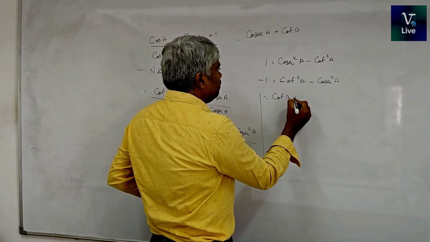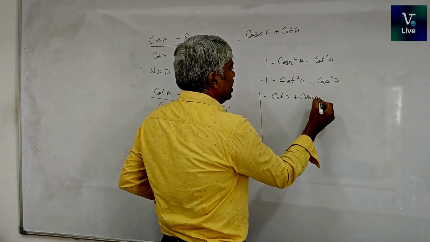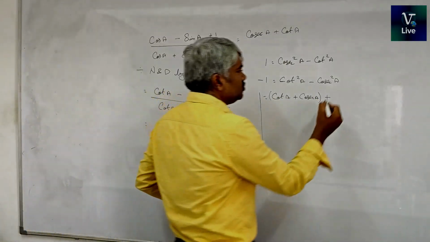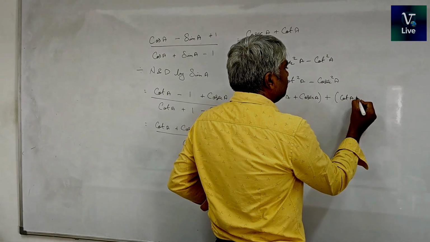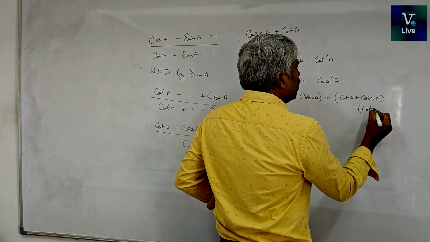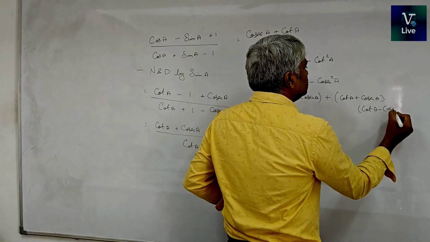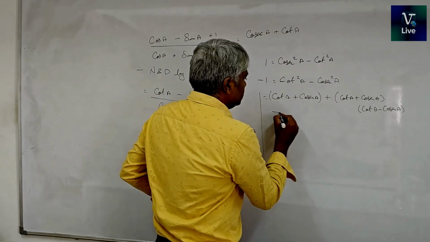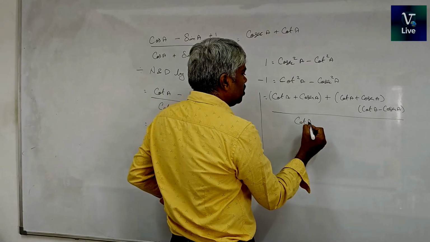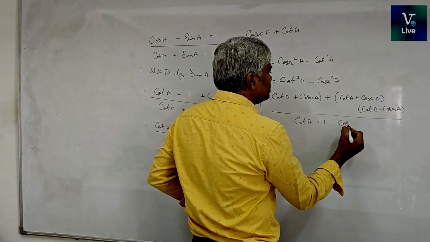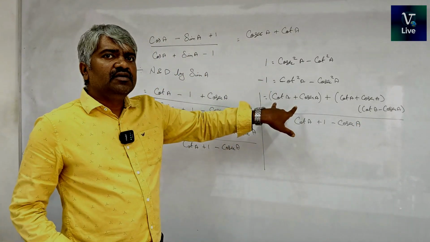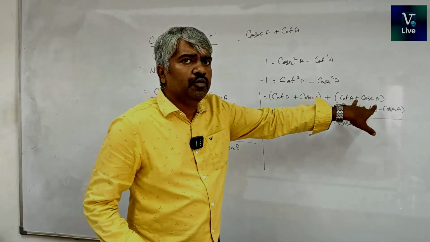cot A plus cosecant A plus, this is of the form A square minus B square. So, cot A plus cosecant A into cot A minus cosecant A. This will be divided by the term cot A plus 1 minus cosecant A. Now, you can find the term cot A plus cosecant A is available in both the cases.